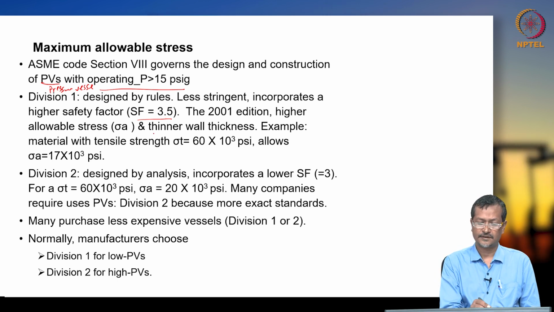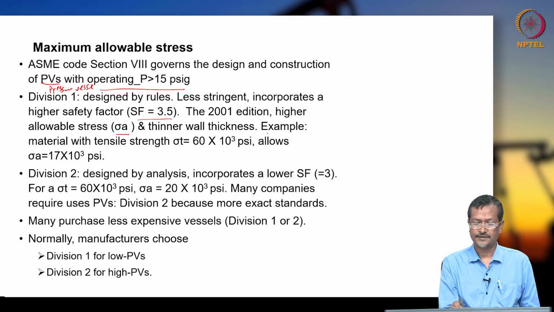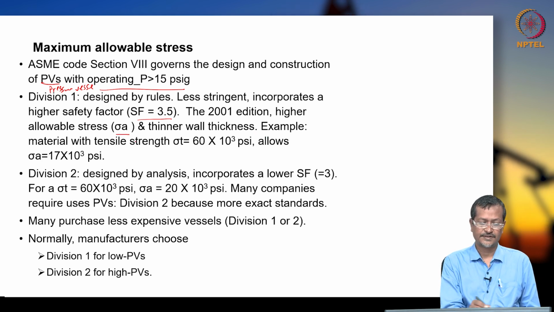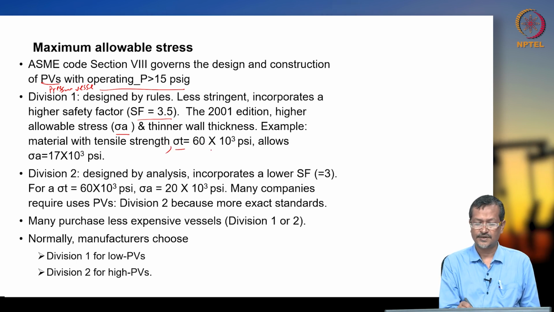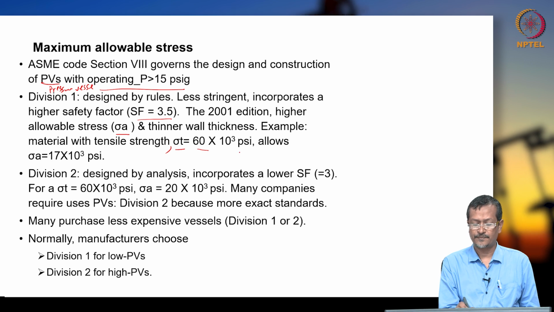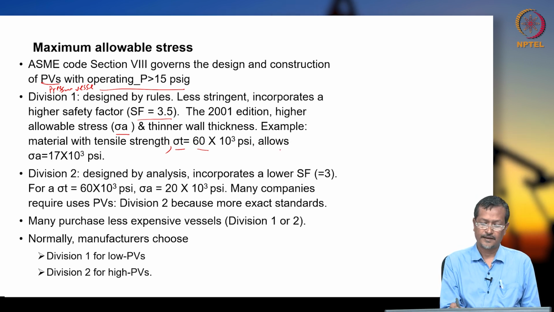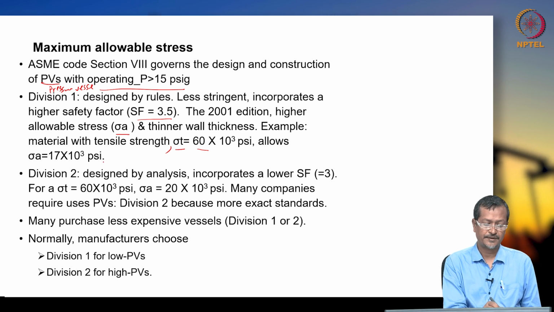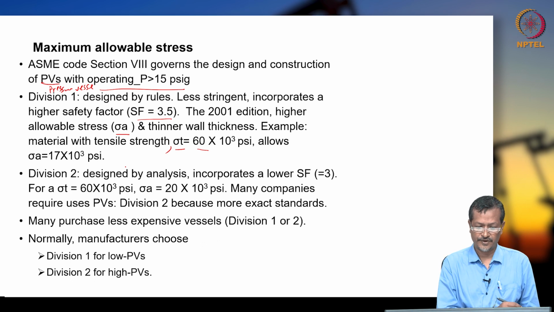In the 2001 edition, they suggest higher allowable stress, sigma A, and thinner wall thickness. For example, a material with tensile strength sigma T of 60 times 10 to the power 3 psi allows about 17 times 10 to the power 3 psi as sigma allowable, because of this 3.5 factor.